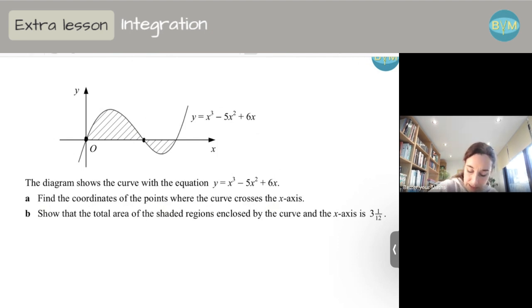It's not difficult because we have x everywhere. So this is very easy to factorize to find the roots. So please go ahead, factorize it. And when you have the roots, I would like you to type them in the chat, please.